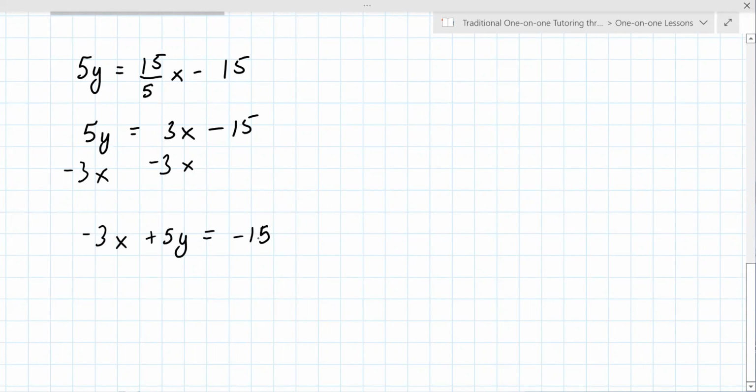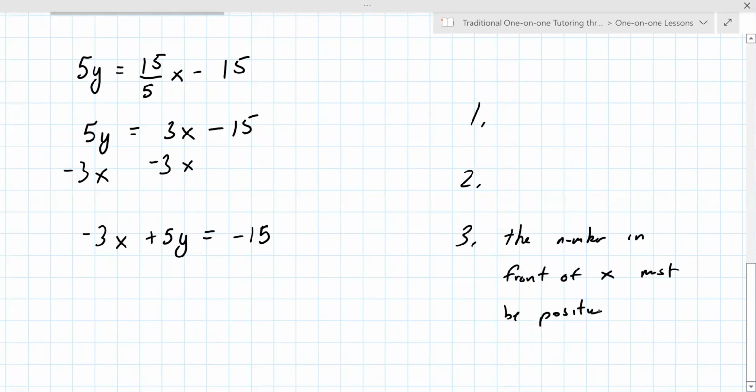And you might think to yourself, hey, I'm done, right? I've got x and y on the same side, no fractions. There's like a third requirement here. It's that the number in front of x must be positive. It's like a little twist at the end, a little wrinkle. So you can make it positive by multiplying everything by -1.